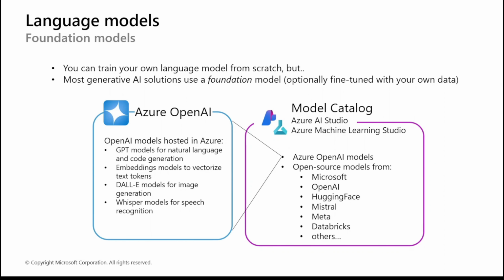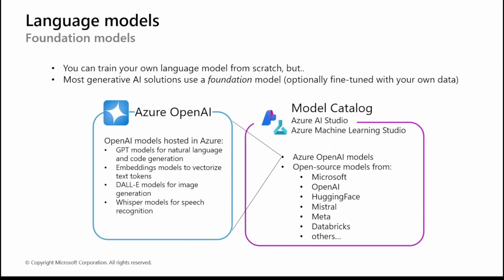But the main thing about the Azure models that we need to think about is that the GPT models are for natural language and code generation, embedding models vectorize text tokens, DALL-E models are for image generation, and Whisper models are for speech recognition.